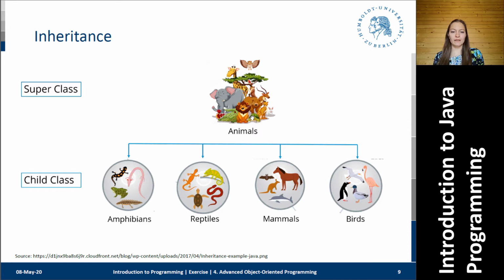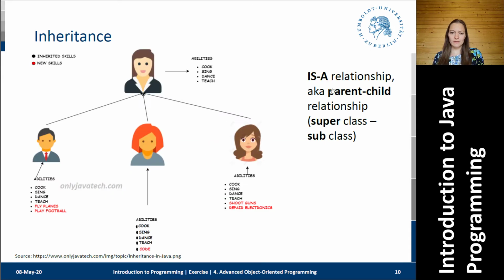Let's have a look at another example for better understanding. So suppose we have a mother, and this mother has abilities: cook, sing, dance, and teach. This mother, this parent, has 3 kids.